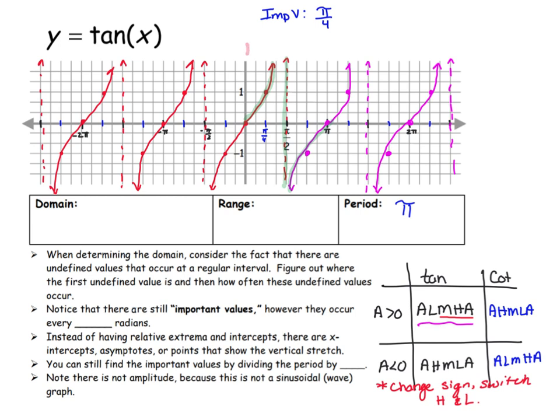Because the length should be up to here. One period is pi. So that's the length. You could say that the period, if you're going from the parent function, starts from here and is completed there.